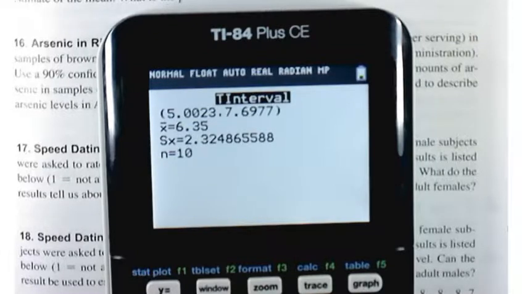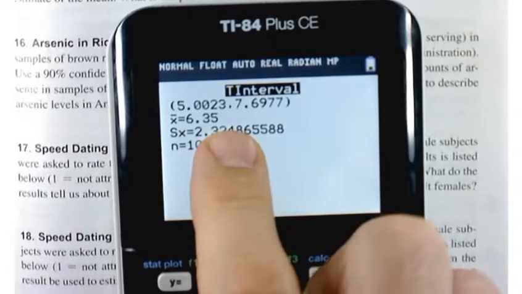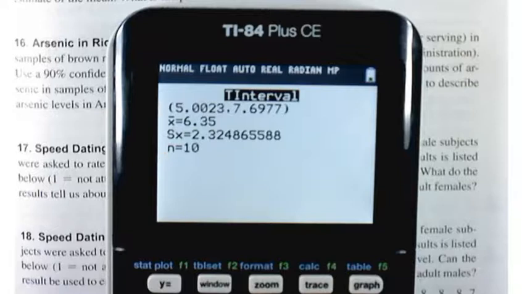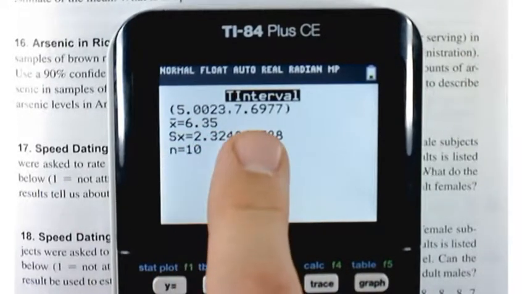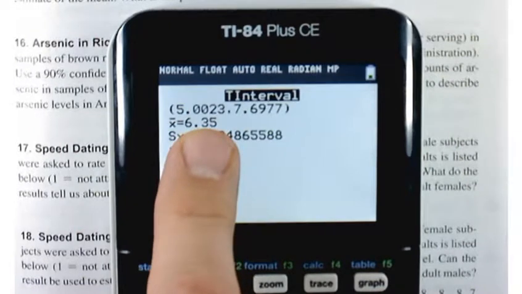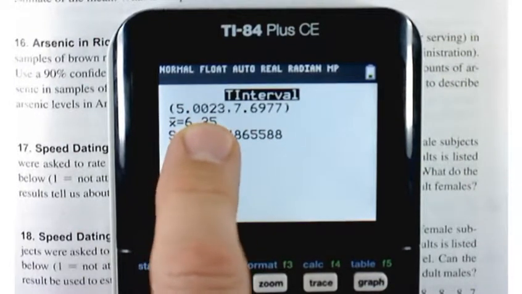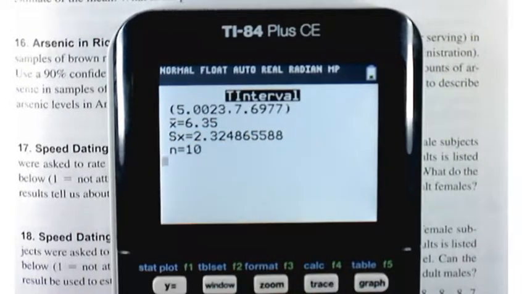Perfect, and that's in units of micrograms. So once again, we can be 90% confident that the true mean level of arsenic found in brown rice is between 5.0023 and 7.6977 micrograms.